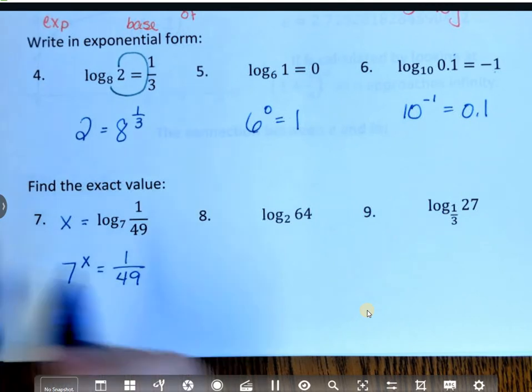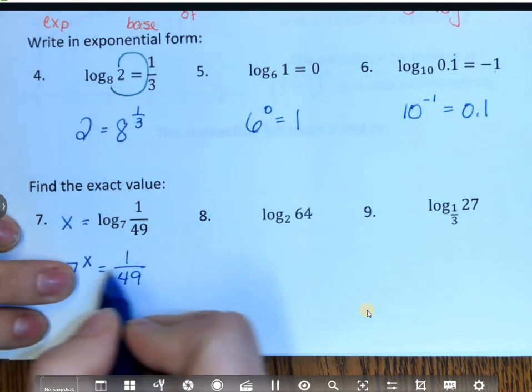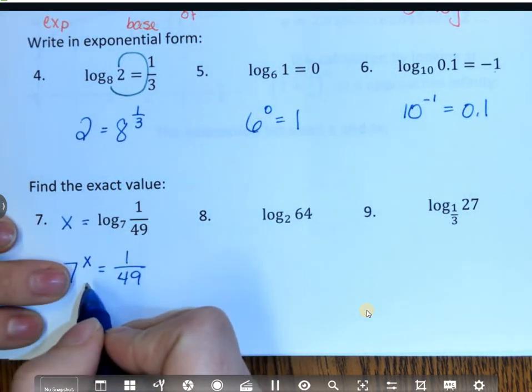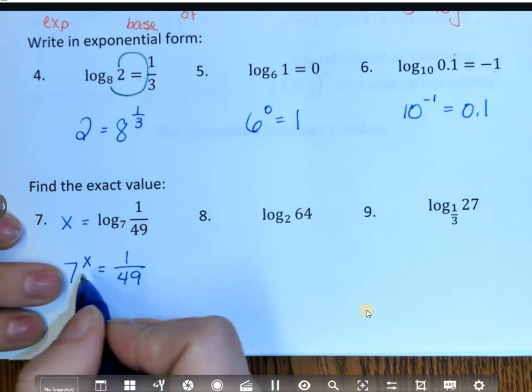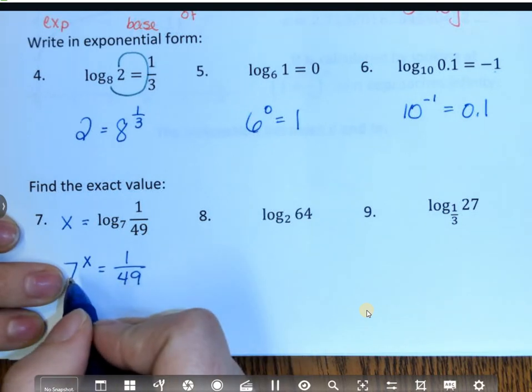In order to solve this, I need to be able to say both of these are the same thing. Can I rewrite 1 over 49? What is 1 over 49? It's 49 to the negative 1. Can I relate 49 back to 7?